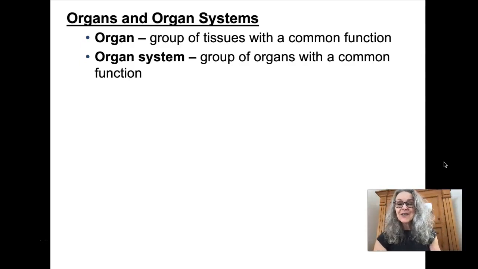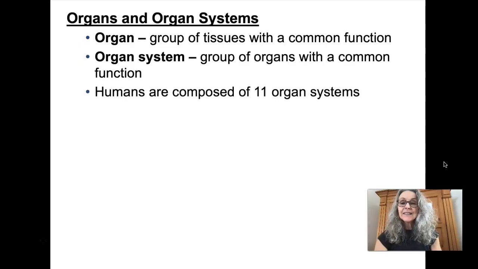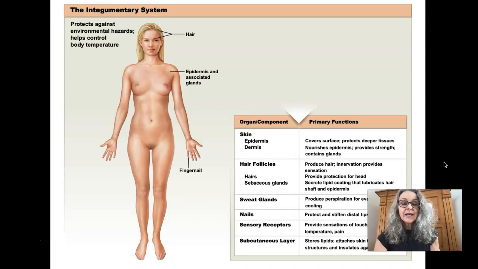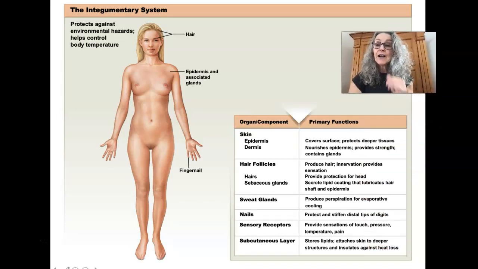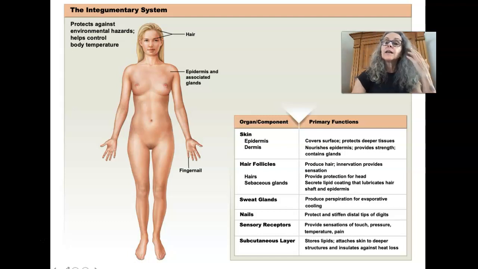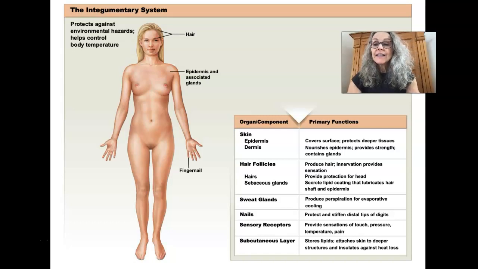Okay, so let's just go through these organ systems as quickly as possible. And 11 organ systems. We have the integumentary system, which consists of skin, hair, and nails. It protects the body, protects the organs, and it helps control body temperature. In addition to skin, hair, and nails, keep in mind that you have hair follicles for the production of hair.